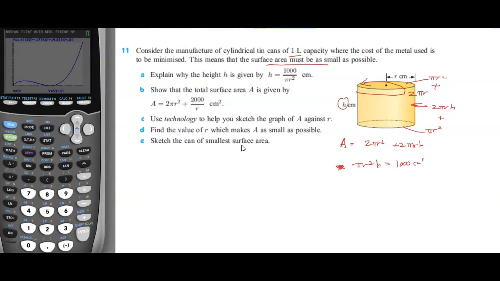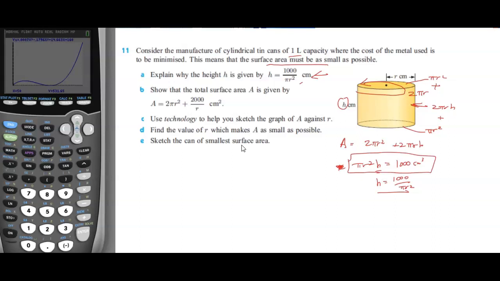And if we want an expression for h, we could just isolate h here, and notice that it would be 1,000 divided by pi r squared, which is the expression that we were trying to demonstrate that h is equal to. The reason why it is this expression is because we're holding the volume constant. So if we make a volume equation here and we isolate h, we end up with that.